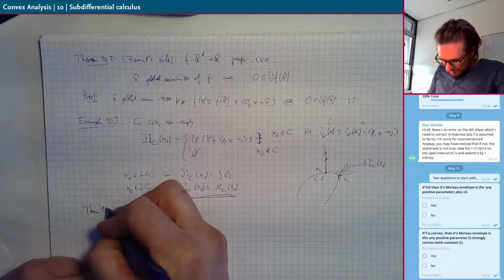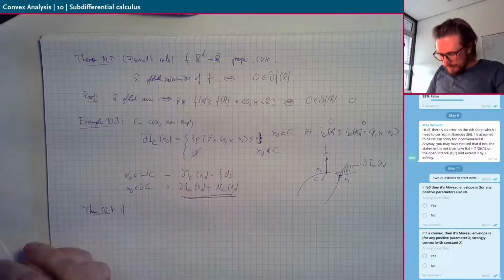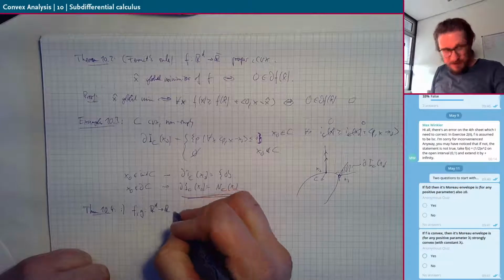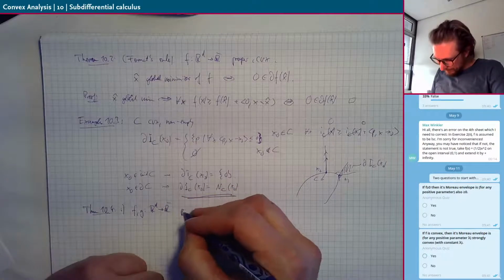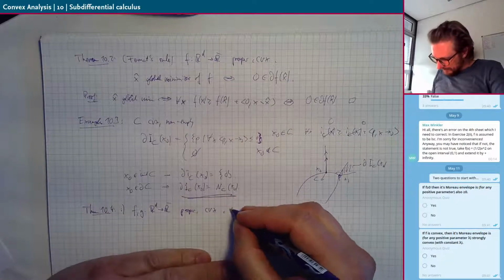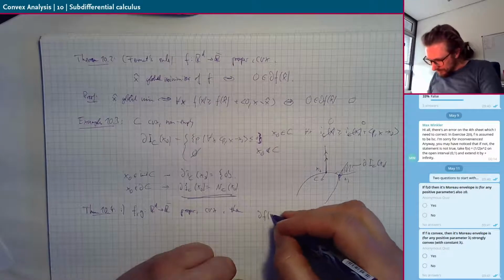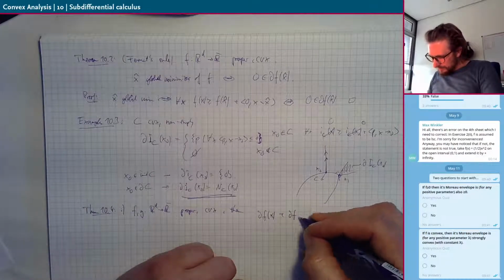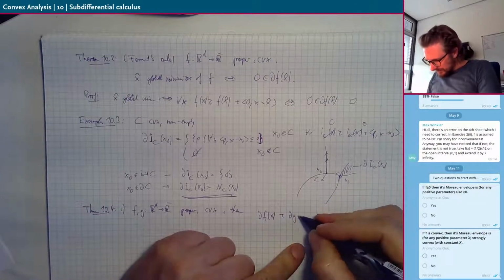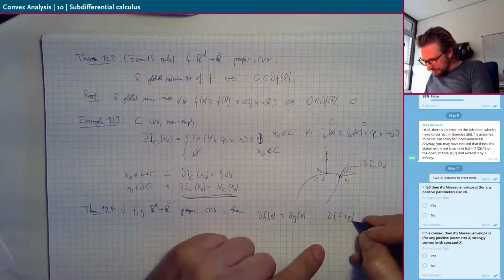Theorem 10.4. If we have two convex functions, then how is the subgradient of f at x plus the subgradient of g at x related to the subgradient of f plus g at x?